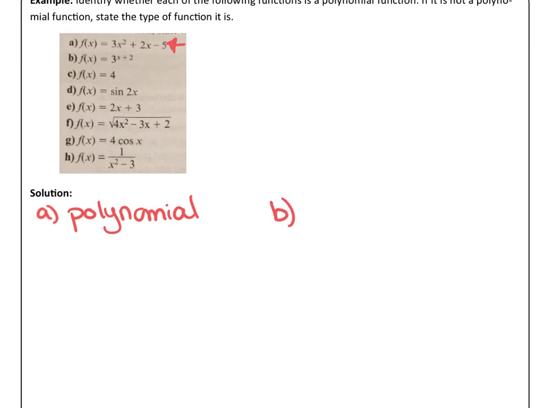B. This one, you'll notice that the x plus 2 is in the exponent position, and we saw those in a previous unit. So this is not polynomial. In fact, it is exponential.